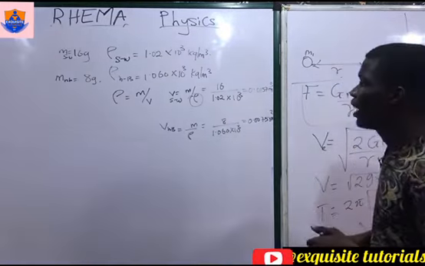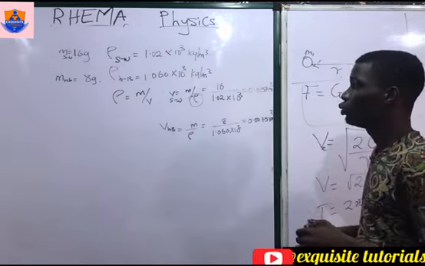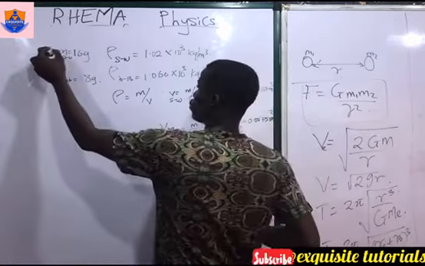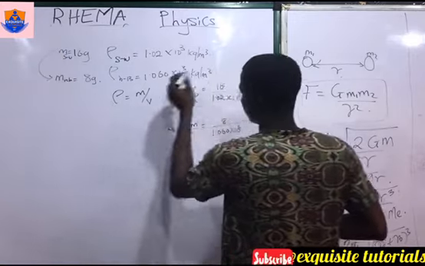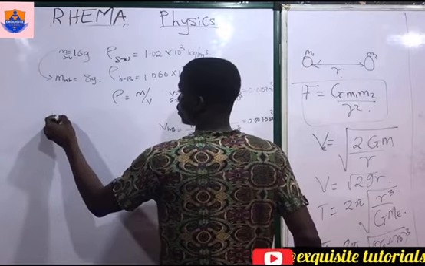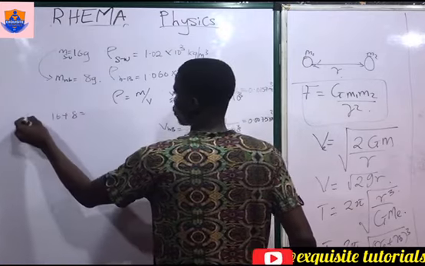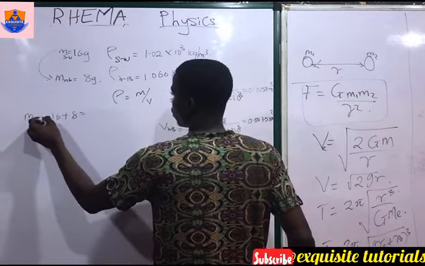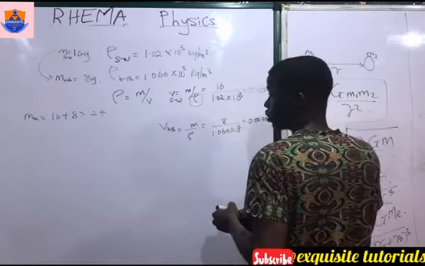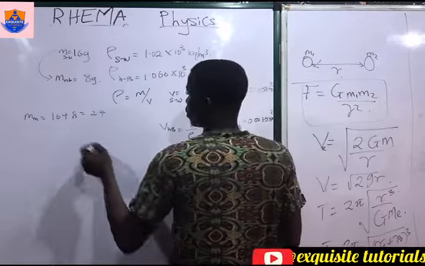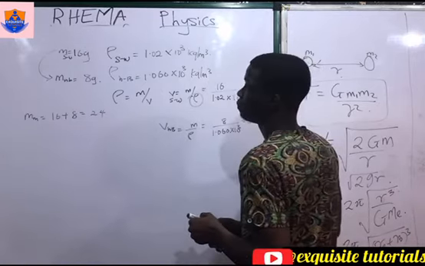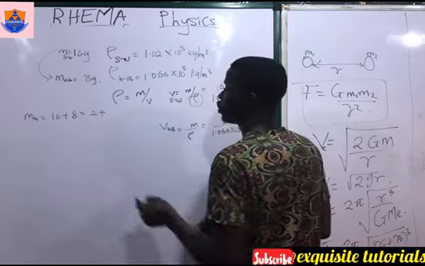So now, after having this value, you simply add the two masses and the two volumes together. If I add my mass for the first one, 16 plus 8, the mass of the mixture will give you 24 grams.